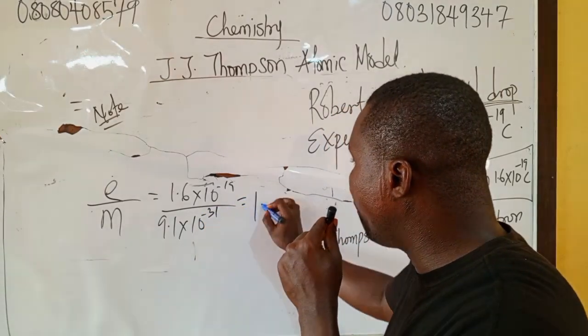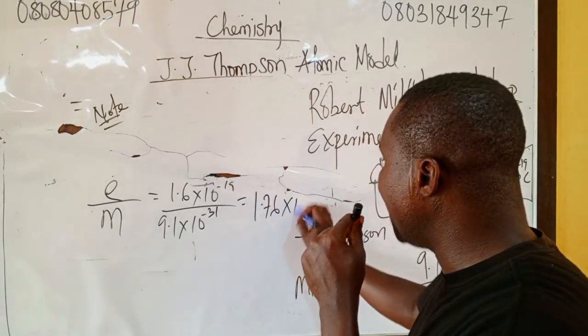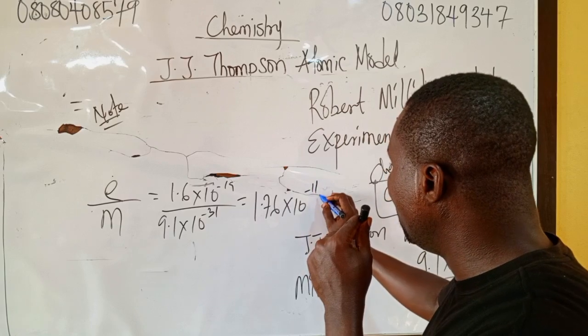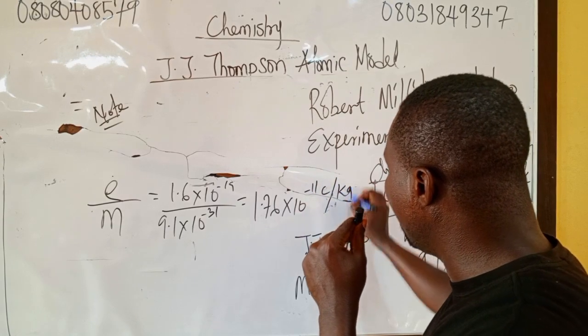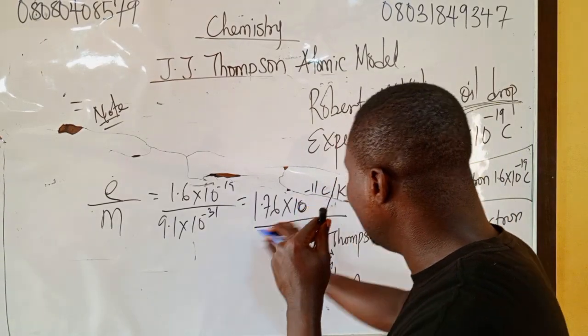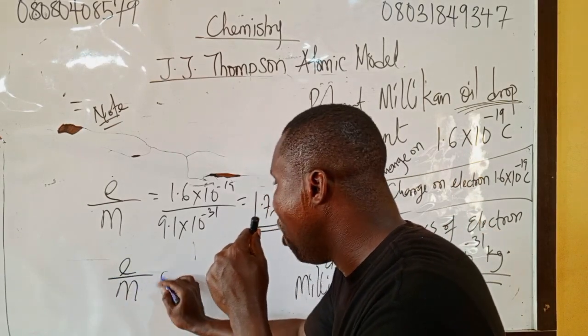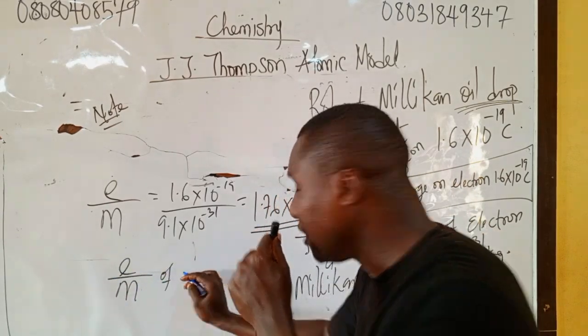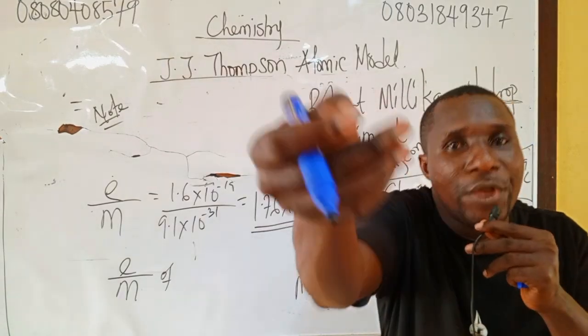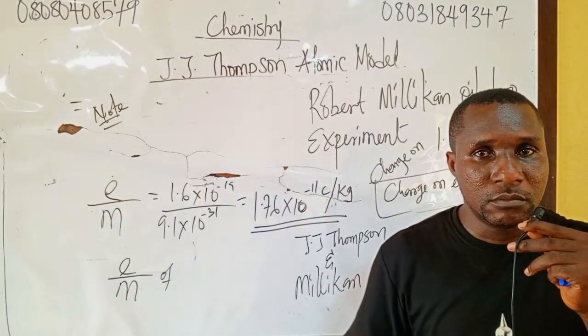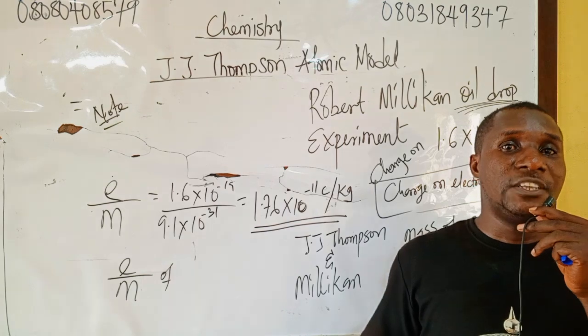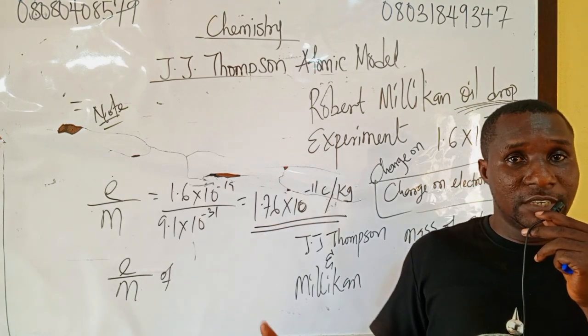That will give you 1.76 times 10 raised to the power 11 coulomb per kilogram. Take note of that. This is the ratio of charge to mass of the cathode ray. And don't forget, the cathode ray is the same thing as the electron. Why? Because the electron is negatively charged and the cathode ray is negatively charged.